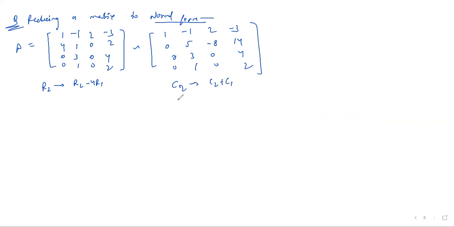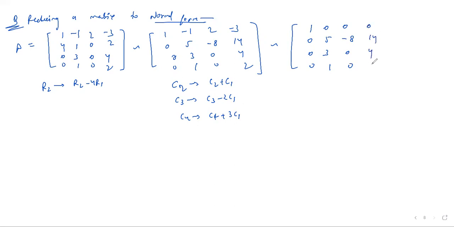We can apply any transformation, row transformation or column transformation, so I am using both here. In C3 we apply C3 minus 2 C1, in C4 we apply C4 plus 3C1, and we will get the matrix 1 0 0 0, then 1 plus 1, 0, 5, 3, 1, then 0 minus 8 0 0, and then 0 14 4 2.